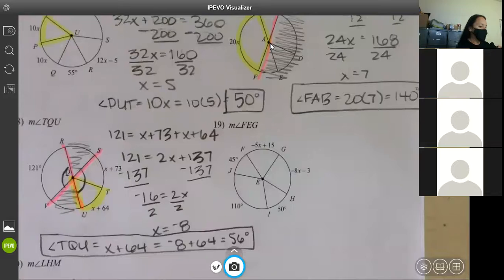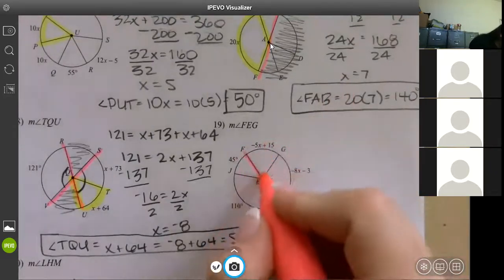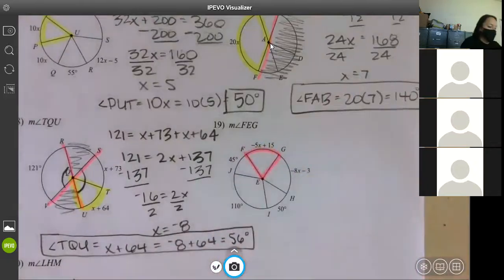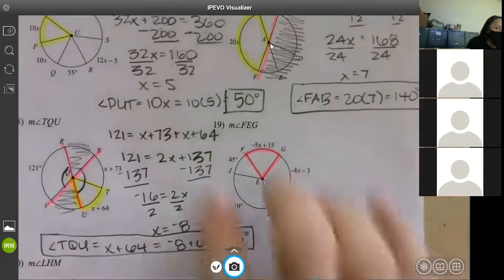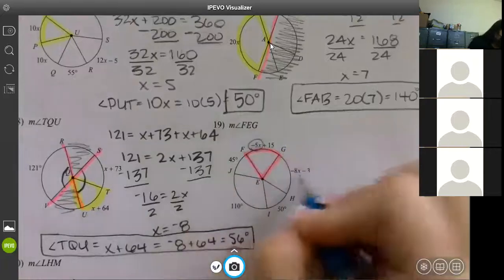All right, the next one, you see the whole circle's filled out, right? Yes, you guys see the whole circle's filled out. So we're going to set this one equal to 360. That's your key. But we want F, E, G, so in the end, we just want that one. So we're going to add them up. How many X's do I have on the full circle? Here's your X's.